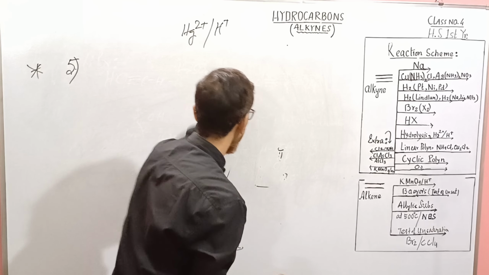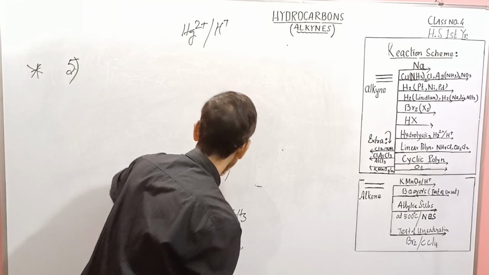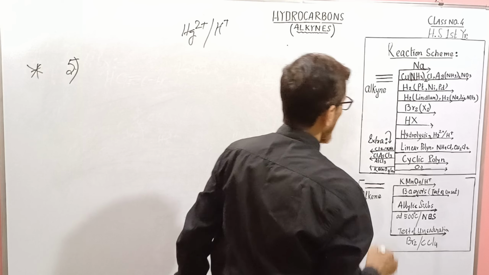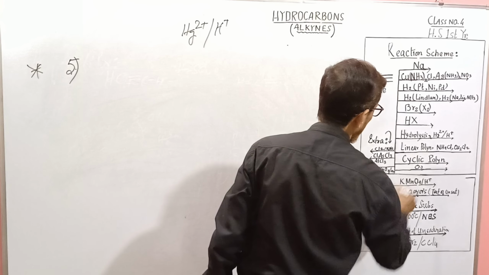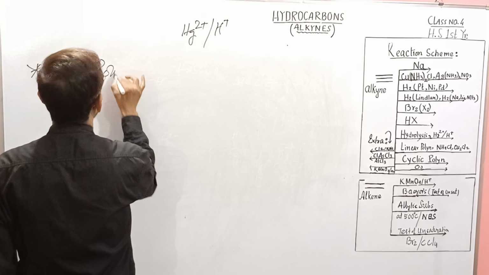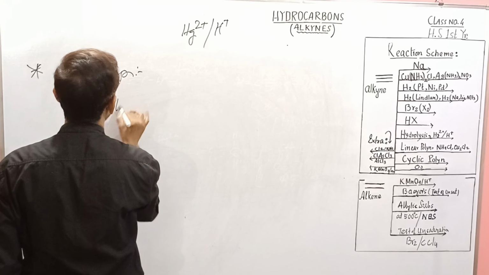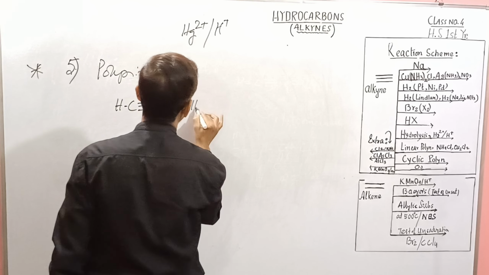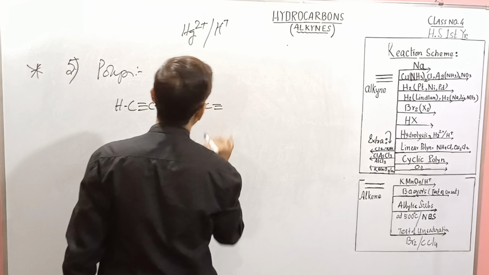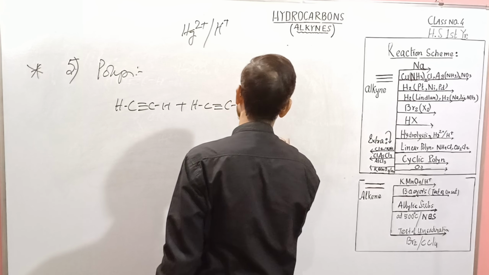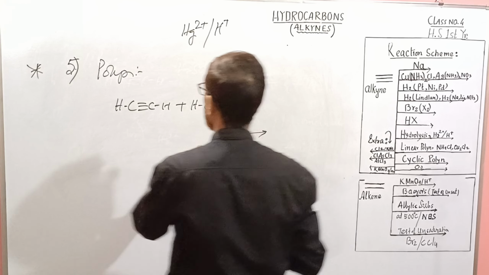This reaction is also called hydrolysis. Because there is acid, it is called acid hydrolysis. Acid and HgSO4. Linear polymerization. Here two molecules of acetylene react in this way.